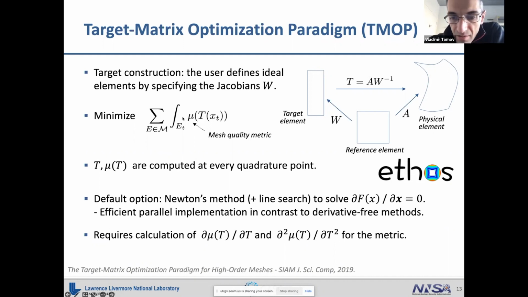So minimizing this integral, in a sense, improves the mesh. This thing is nonlinear, so minimizing it, we solve for the derivative equals 0. It's a Newton method. One needs to compute first and second derivatives of mu. That's the main computational difficulty here.